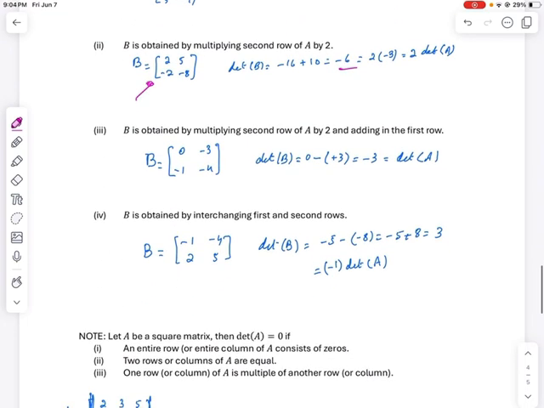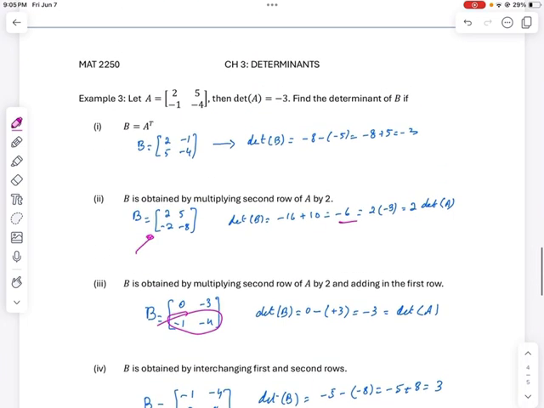And similarly, B is obtained by multiplying the second row of A by 2 and adding it to the first row. So when I multiply the second row of A, this was the second row of A, and add it to the row 2, 5, what happens? I get a 0 in this position and negative 3. Now calculate the determinant.